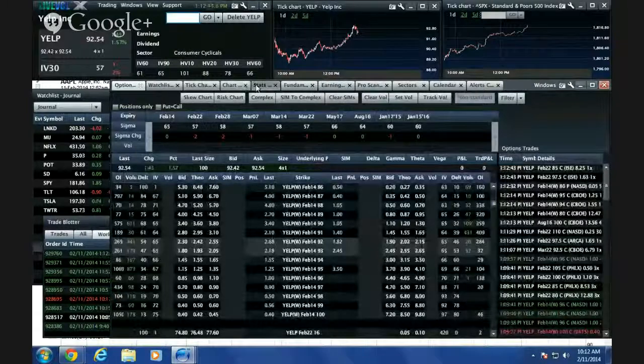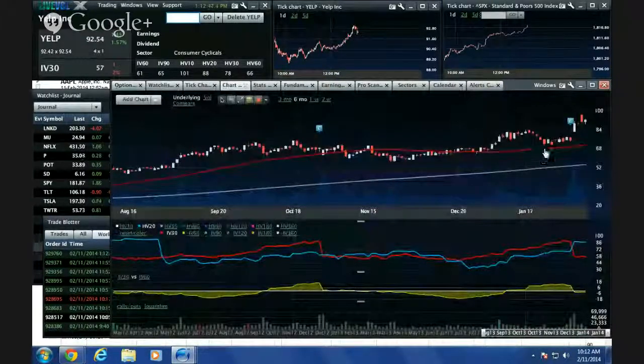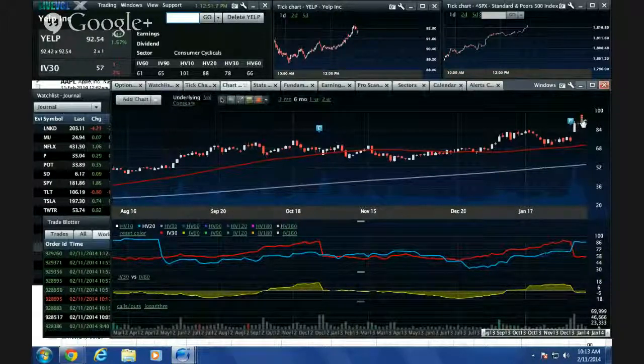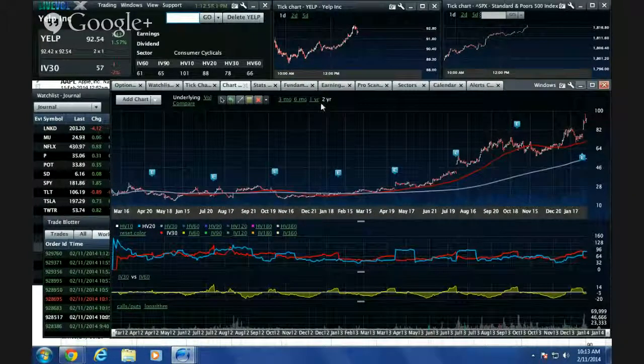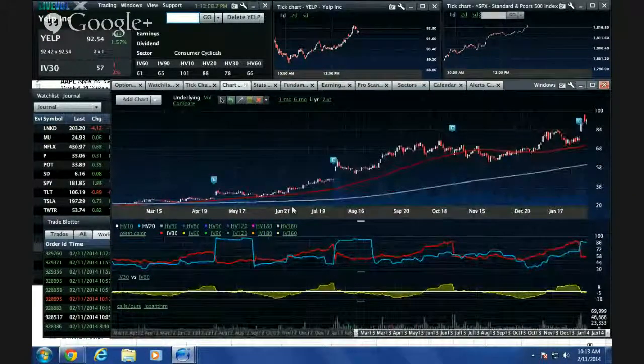If you look at the chart, you can see how it had this huge up day, and then it sold off. Every time in the past that Yelp had a huge up move, it kind of hung out for a while.